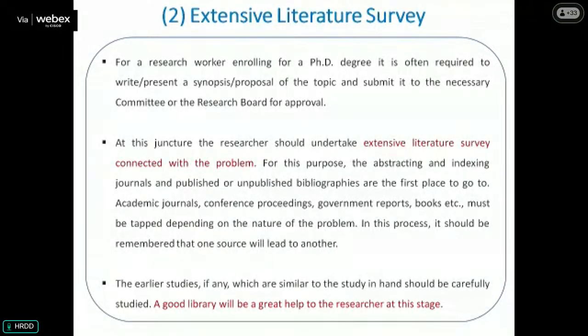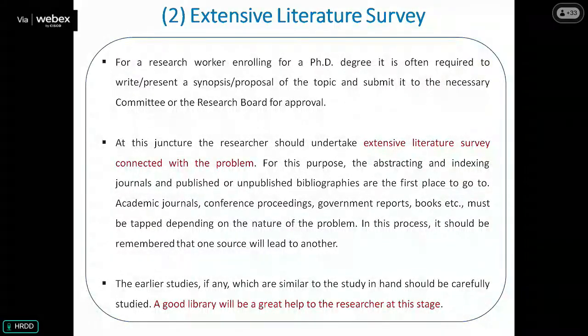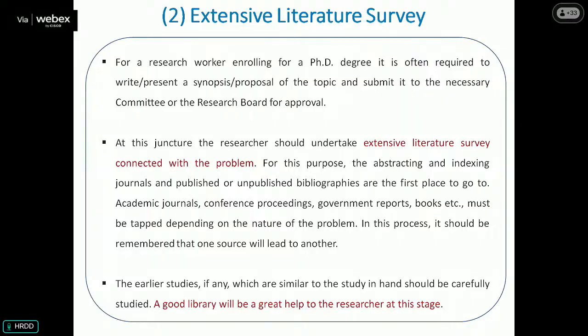I don't know about you, whoever is an employee. I did my PhD from HBNI. So initially I had to go and present what I want to do. And because experienced people are sitting on the committee, they can make a good judgment whether what I am proposing is feasible, important, and according to the mandate, or not.